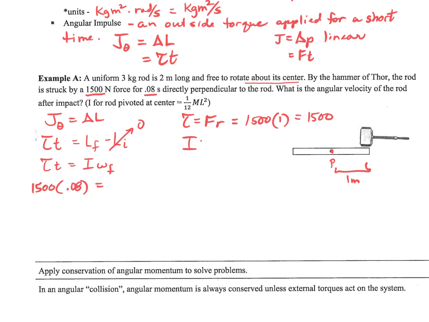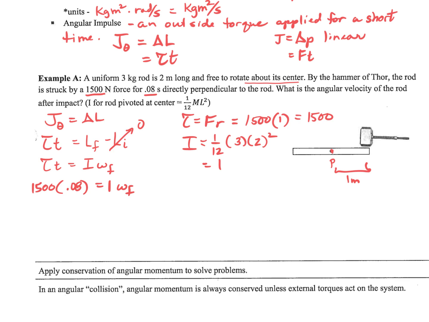Well, let's find I. A rod about the center is 1/12 times the mass, 3 kilograms, times L squared, where L is the length of the rod, 2 meters. So 2 squared is 4, times 3 over 12, so I is 1. So this is 1 times omega final.